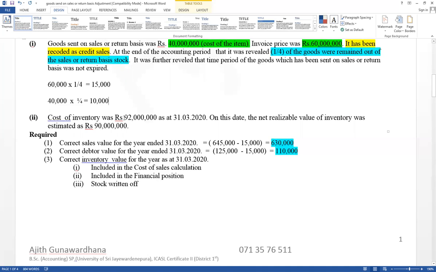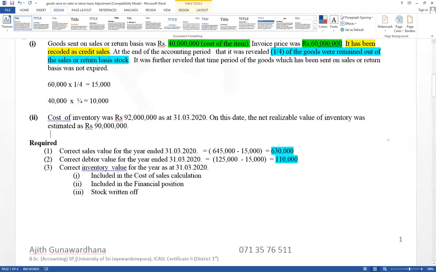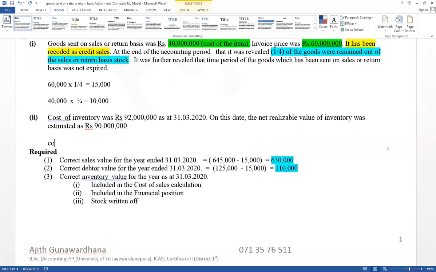Then the correct cost value equals 92,000 plus 10,000. If it is not sales, its cost value also should be added. Therefore, this is the correct cost value of inventory.